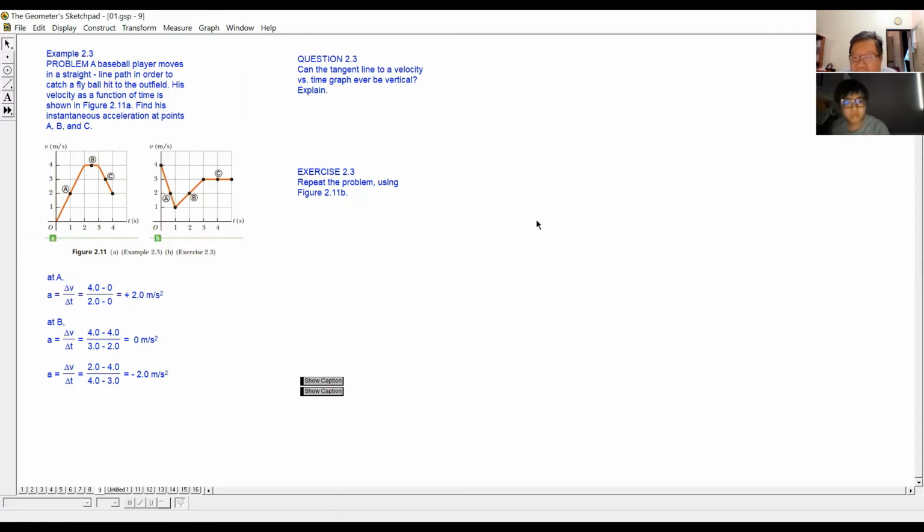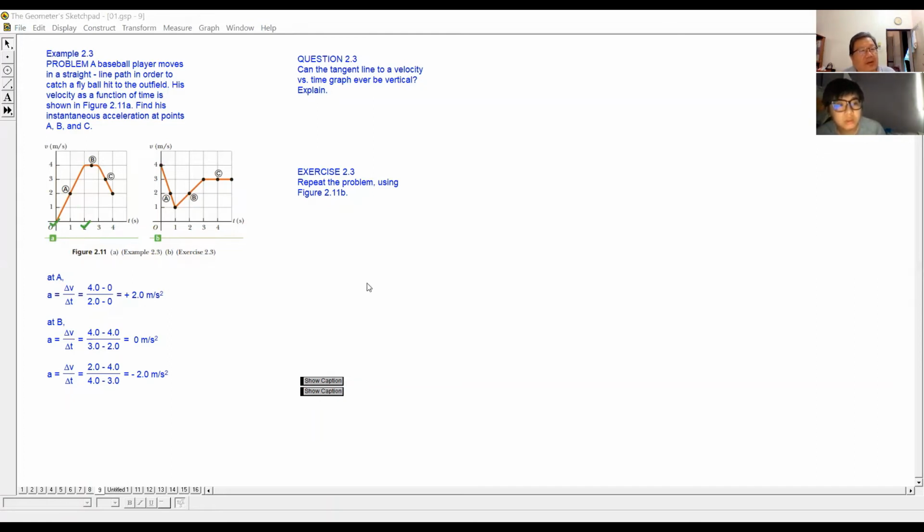So what is the difference in time? What is the time interval for this part? The horizontal one is the time interval. It is 2 minus 0.